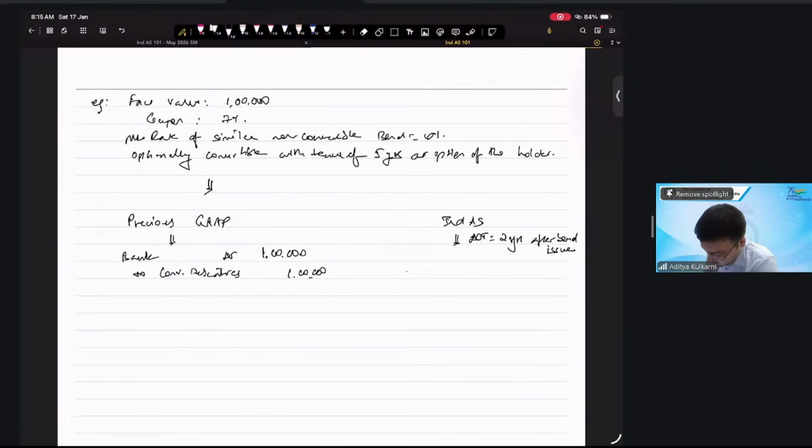So therefore, fair value of liability is equal to 1 lakh into 7% into 3.7908.